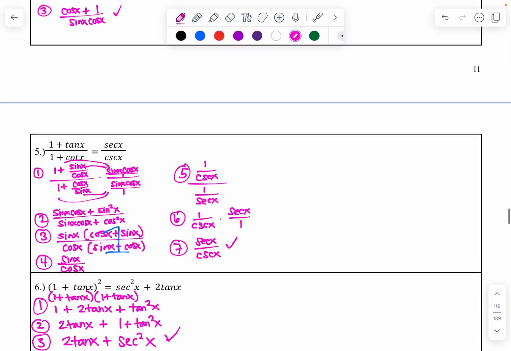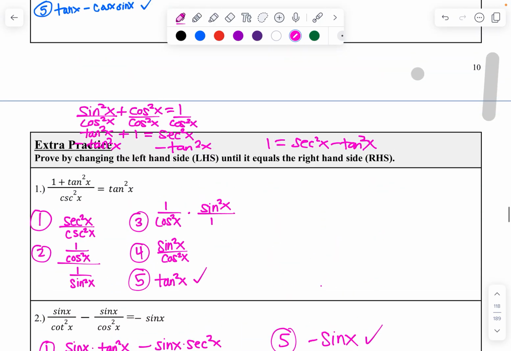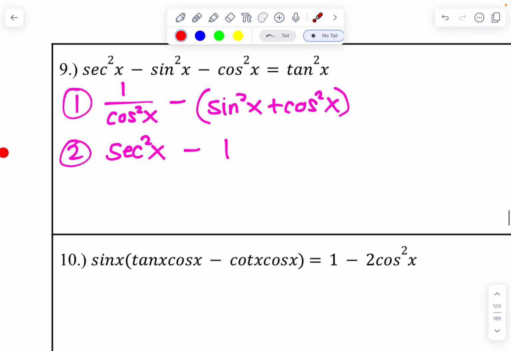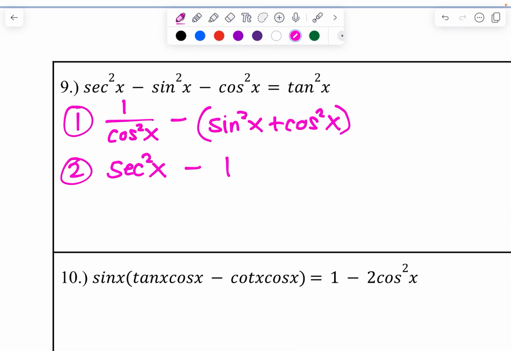Let's check that Pythagorean identity again. Yeah, so if tangent squared of x plus 1 equals secant squared, we could subtract the 1 over. Secant squared of x minus 1 would equal the tangent squared of x. And so we've already got it. That's what we were trying to get to for that right-hand side. And so we've done it.